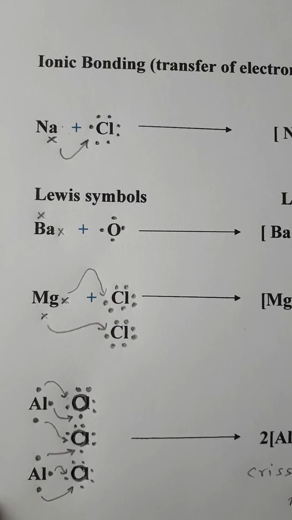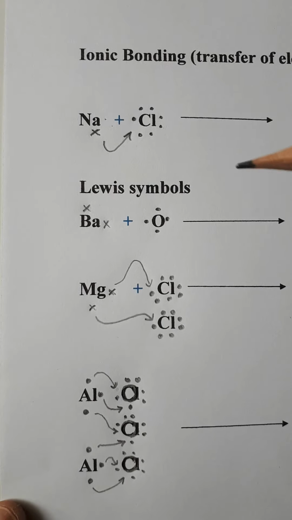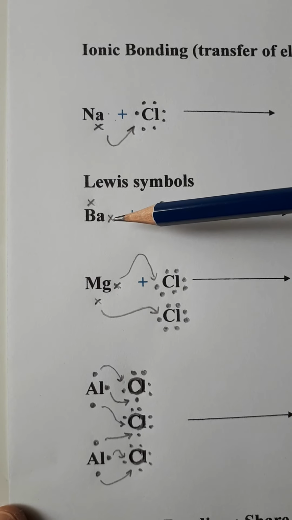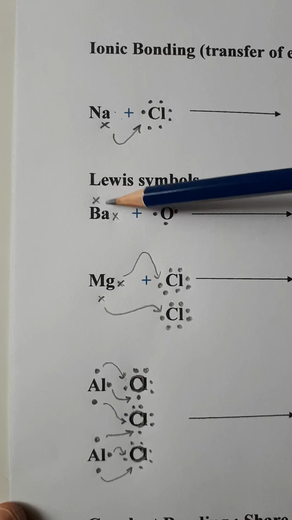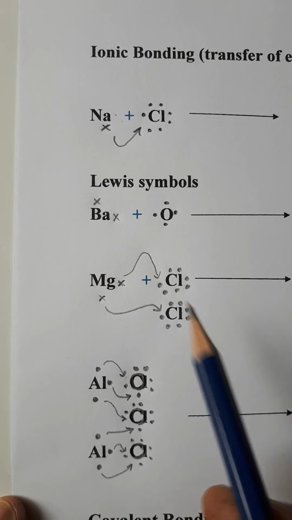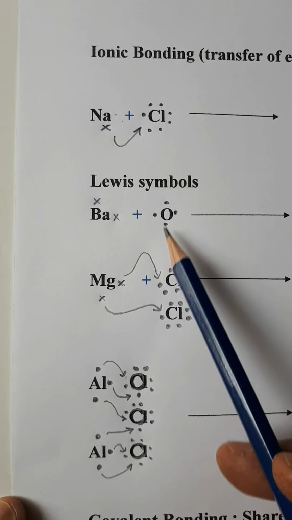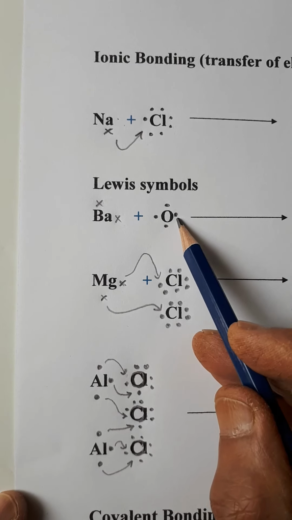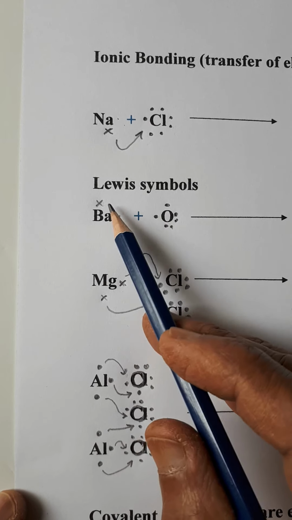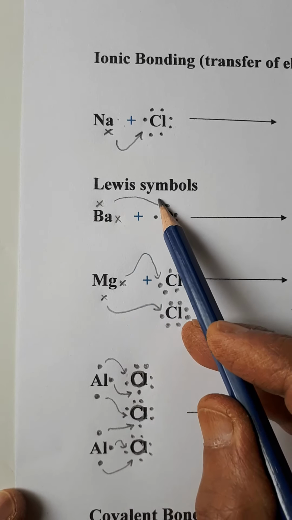Now let's see some more examples. Let's see how to make barium oxide. Barium is in group 2, so it has 2 electrons in the outermost shell. And oxygen, 1, 2, 3, 4. I put 5 and 6 here because I want to keep this place empty for the electrons to come from barium.